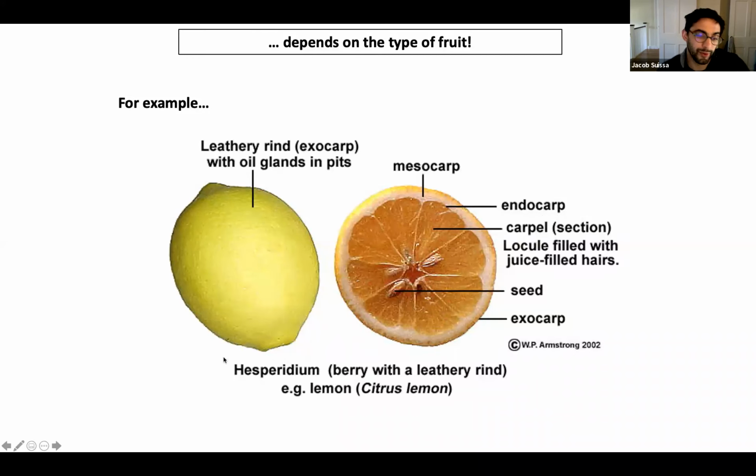Now, as botanists, we like to give things terms, and we call everything that's a citrus a hesperidium. It's just a berry with a leathery rind. That's all it is. It's a berry with a leathery exocarp. So in a citrus, you have this leathery rind, the exocarp. You have this sort of spongy white tissue.